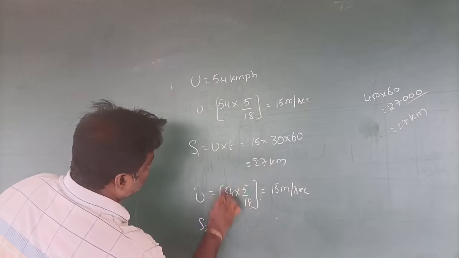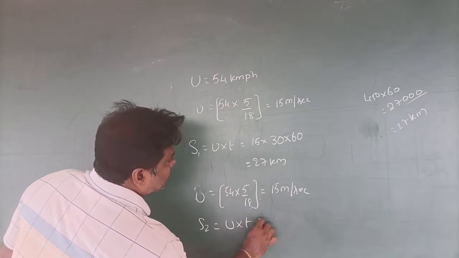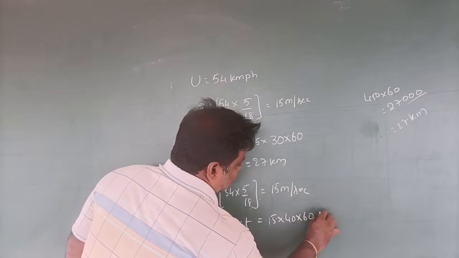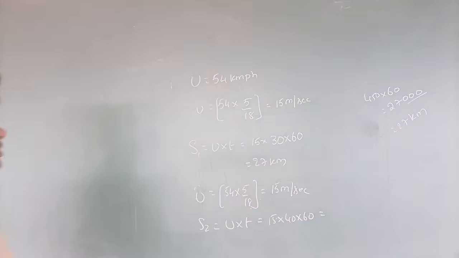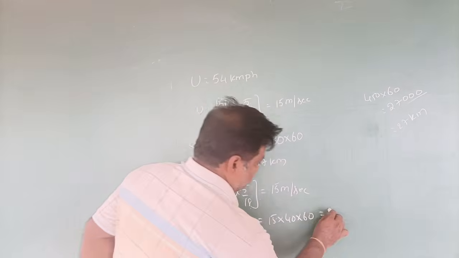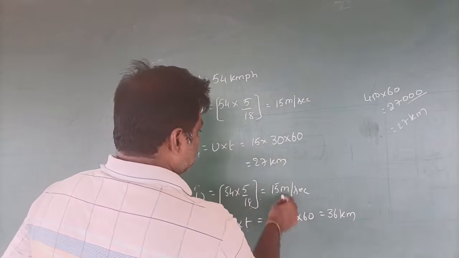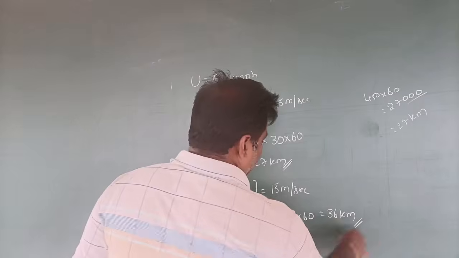S2 is equal to u into t. So 15 into 40 into 60, that is nearly equal to 36,000. So 36 kilometers.